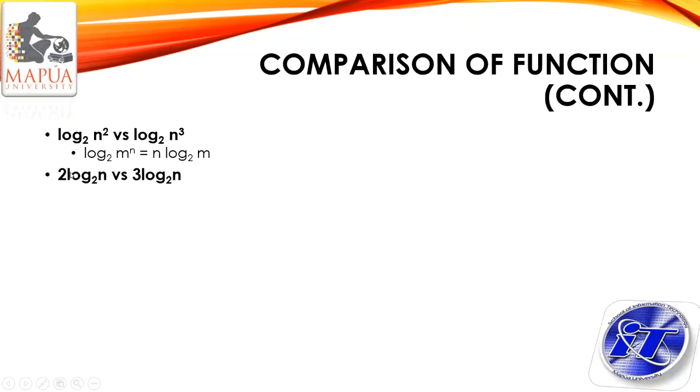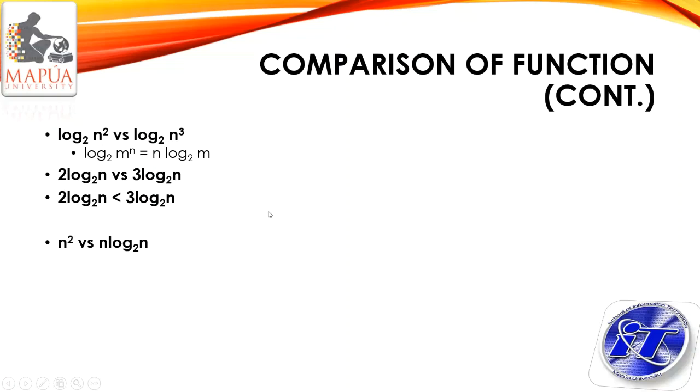The first will be rewritten as 2 log n, and the second, 3 log n. So log n is the same between the two, but if we're going to compare the multiplier, this is 2, this is 3. Therefore, 2 is smaller. Therefore, 2 log n is less than 3 log n.